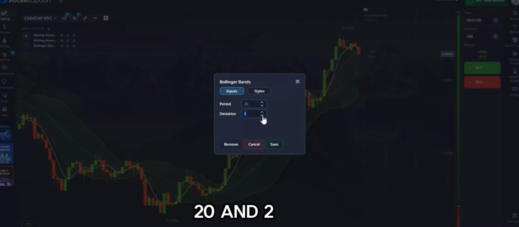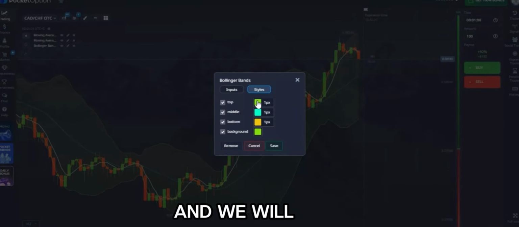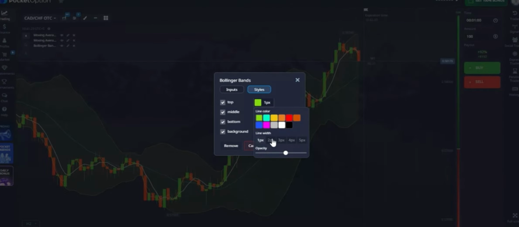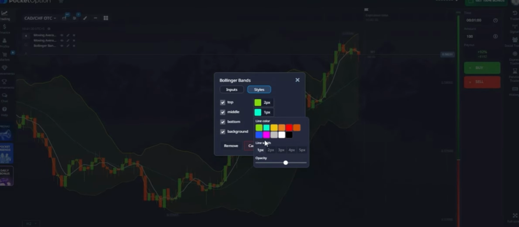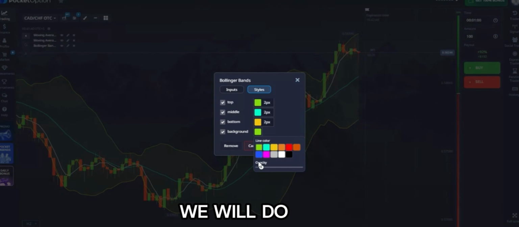And we will make the background color more dim. And now, that's all.